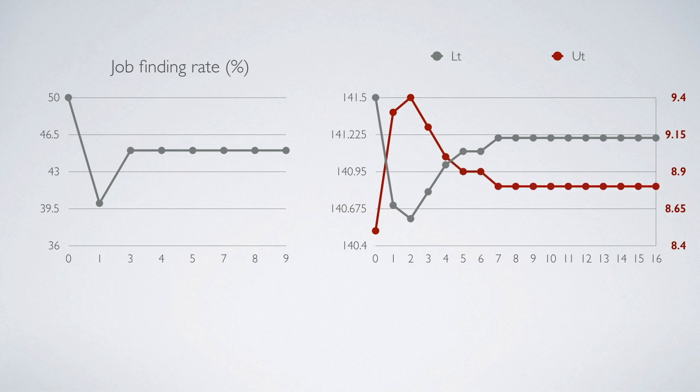As you can see, if you look at the red line and compare it with the job finding rate, it is very consistent with the data observation we had earlier. In the data, when the job finding rate goes down, the unemployment rate, the red line, goes up. And when the job finding rate goes up, the unemployment rate goes down, which is consistent with the red line of the unemployment rate in our simulation.